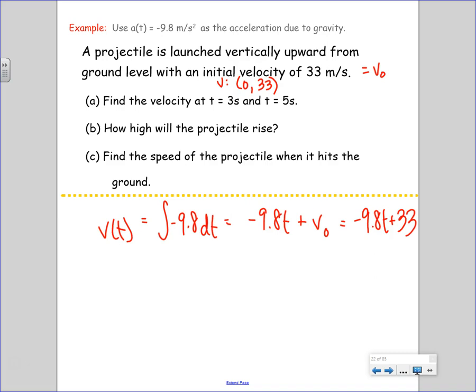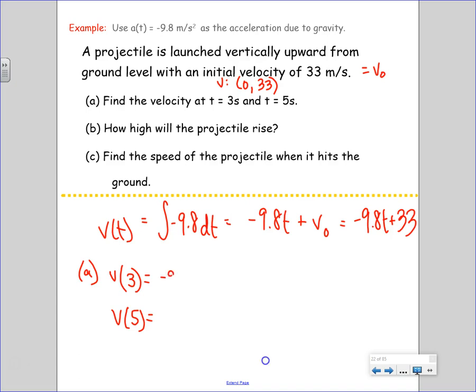So what are they asking for? Find the velocity at? All we have to do is plug in v of 3 and v of 5. That was easy. Seconds, the units match, no building bridges, we're good to go.